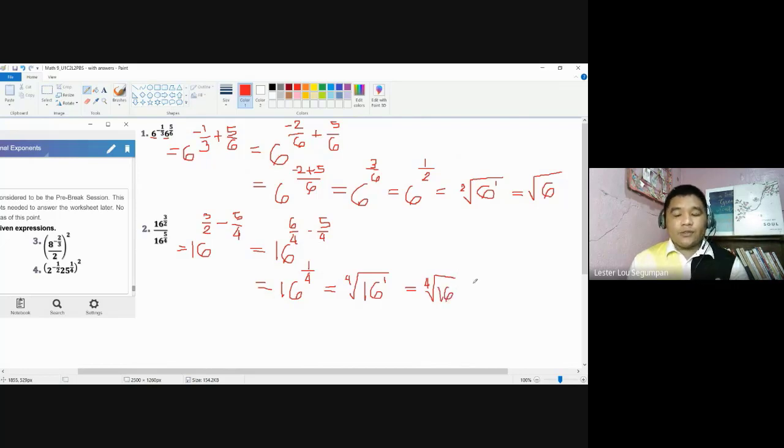And 16 is actually a perfect fourth power because 16 is the result when 2 is multiplied by itself 4 times. 2 times 2 is 4, times 2 is 8, times 2, another 2, is 16. This is why the fourth root of 16 is actually 2.